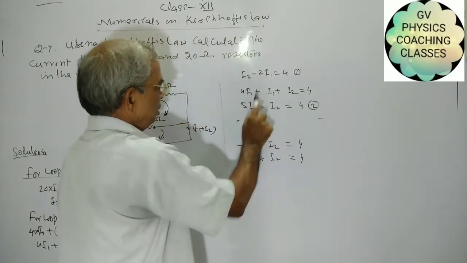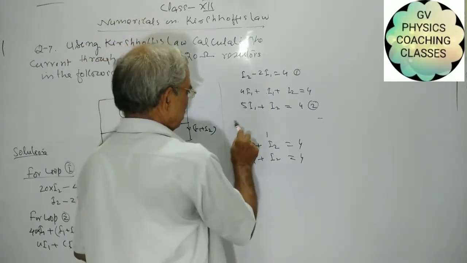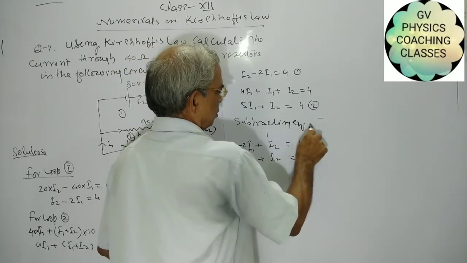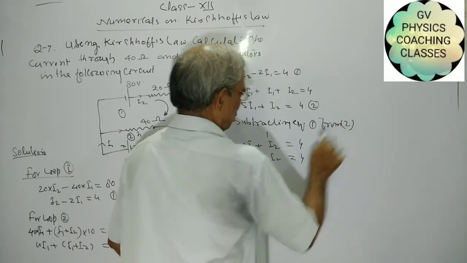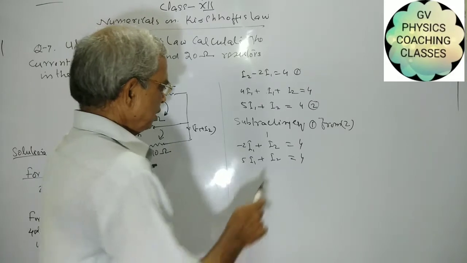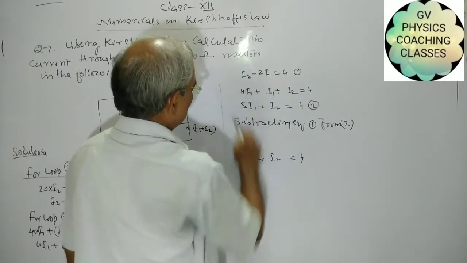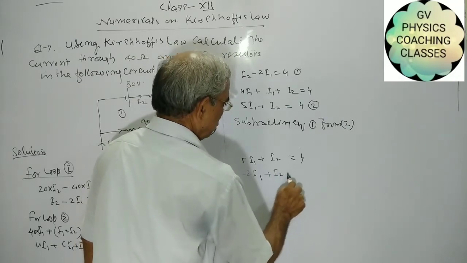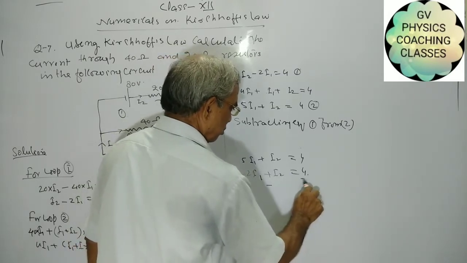Subtracting equation first from equation second, this is our equation second, and this equation first, minus 2I1 plus I2 is equal to 4, plus minus minus.